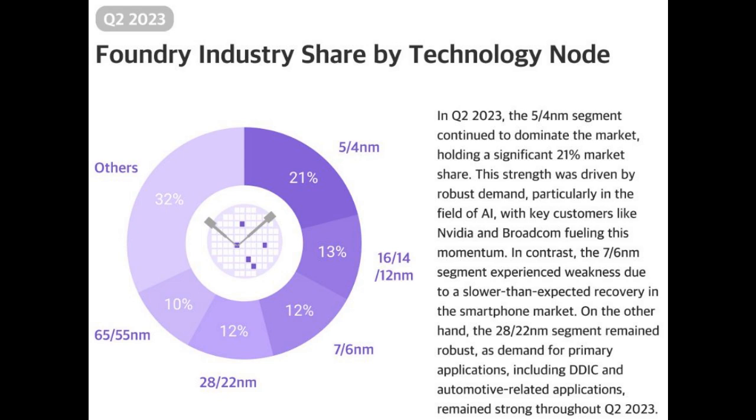The difference is for leading edge chip, that means that you are at the leading edge of the technology development and research. So this is the newest products, the fastest, the most energy efficient computing chips that you can find.